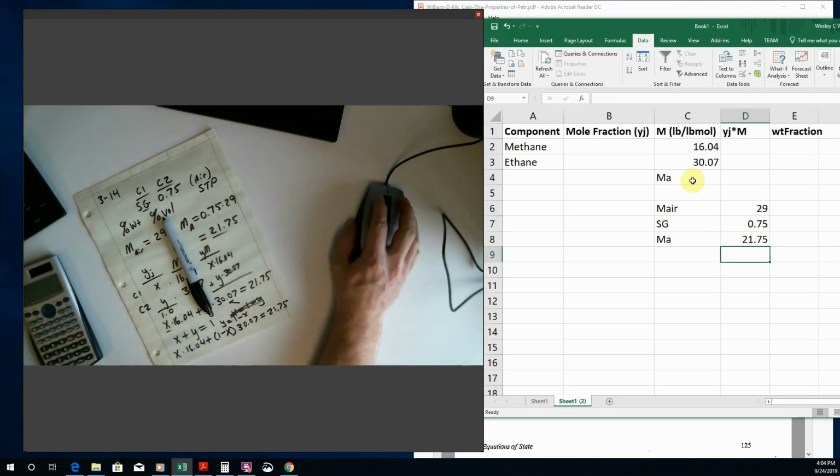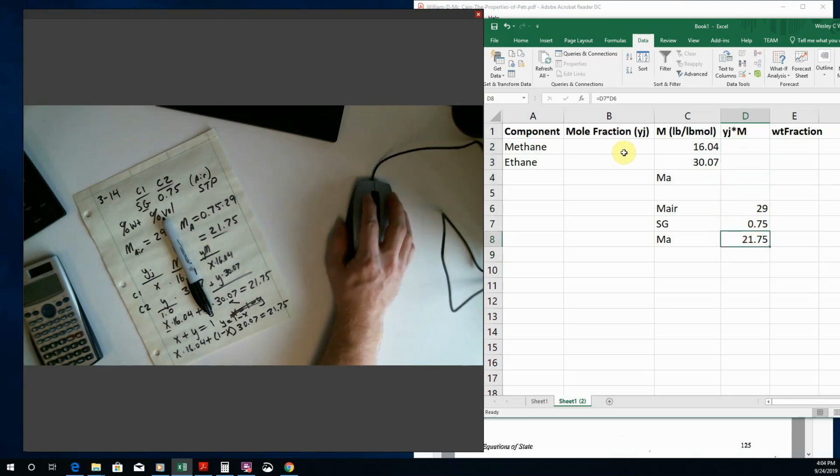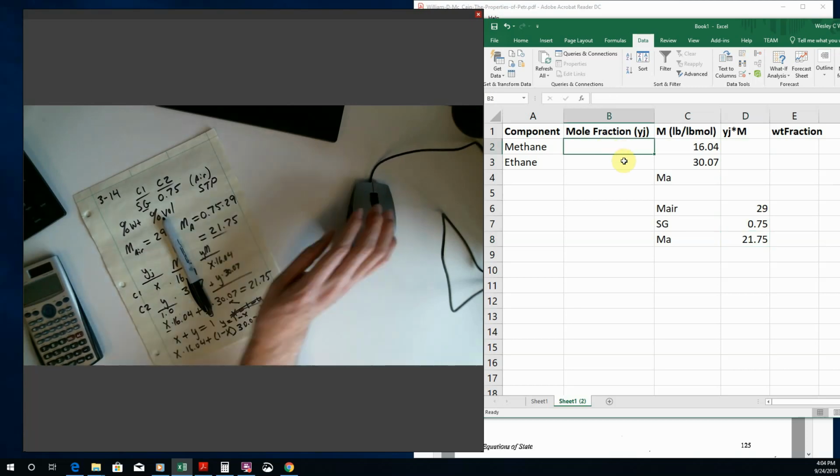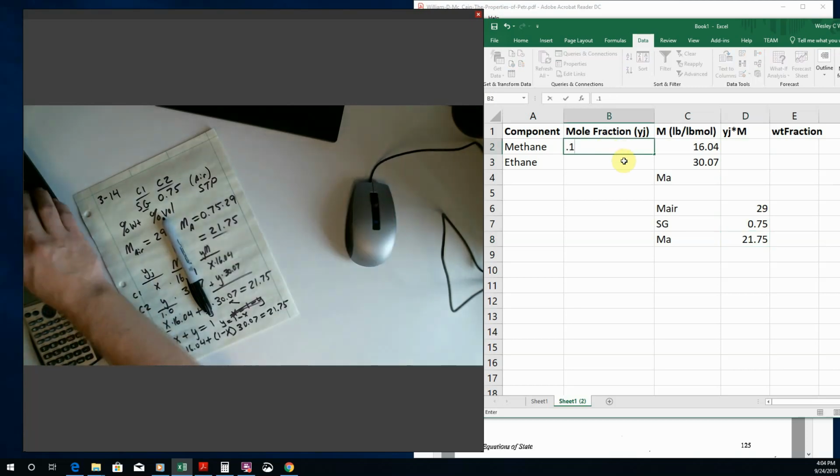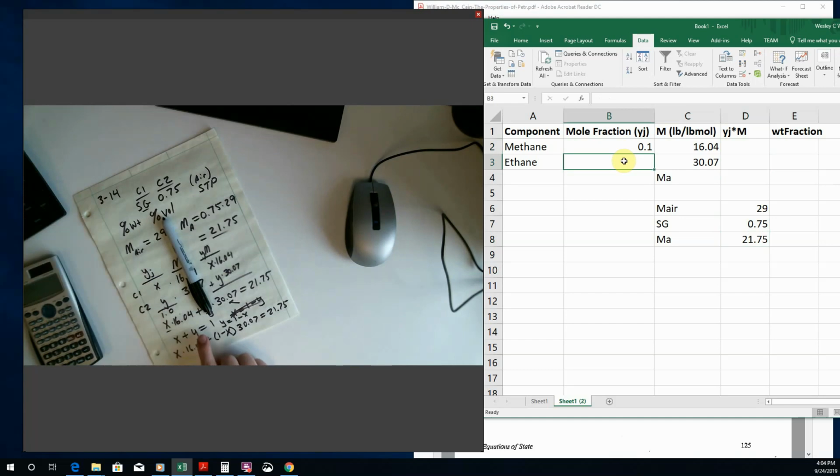So now we're trying to make this value, the summation of these two cells, equal to that. So how do I start filling this in? Well, step one, let's just throw a random value in here, 0.1, and then I know from this equation that y equals 1 minus x, right?